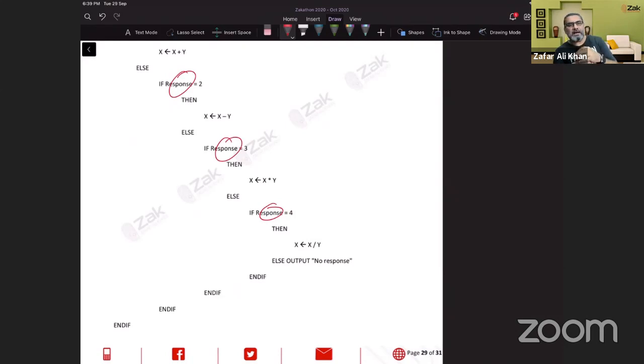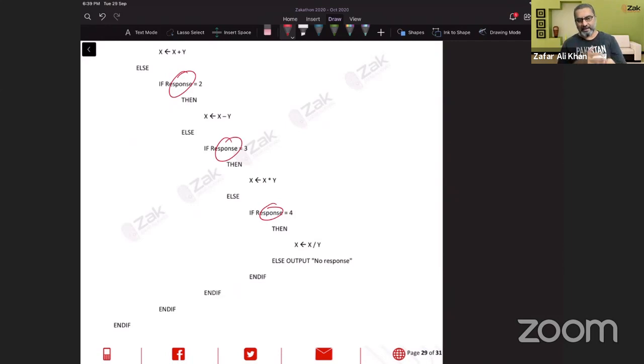Because subroutines are the programs, modern programs are not written as one single unit, rather they are written in different parts. Different people make different parts and then they put it together. So those different parts are called what? Subroutines. There are two types of subroutines, functions and procedures. Functions are those subroutines which return a value.